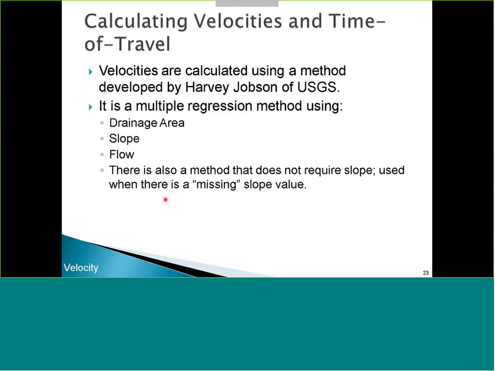There's also a method provided that does not require the slope. It can use the drainage area and the flow values. We do have situations in our slope estimates where we have missing values for slope, because we can't do any type of interpolation to get our slope values, so we just have to put a missing value.